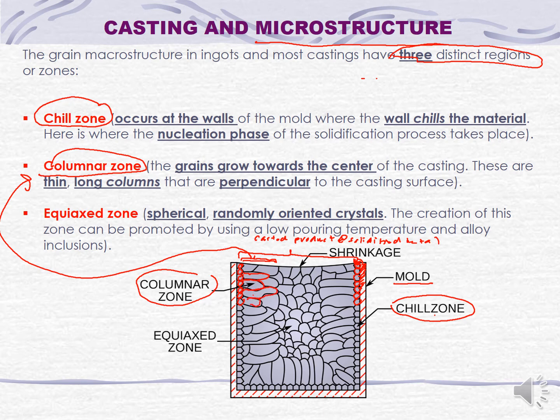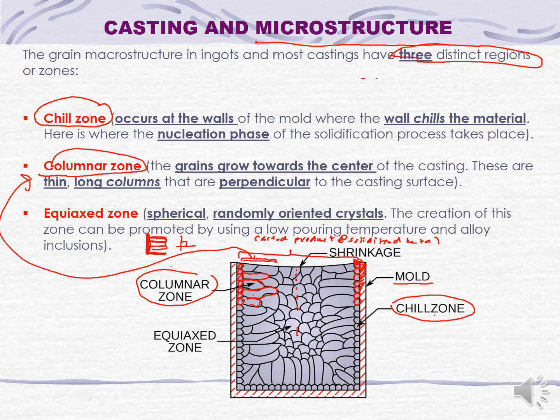This grain is elongated and moves toward the center. The grain is formed perpendicular to the mold wall, perpendicular to the casting surface. Perpendicular meaning 90 degrees to the casting surface.